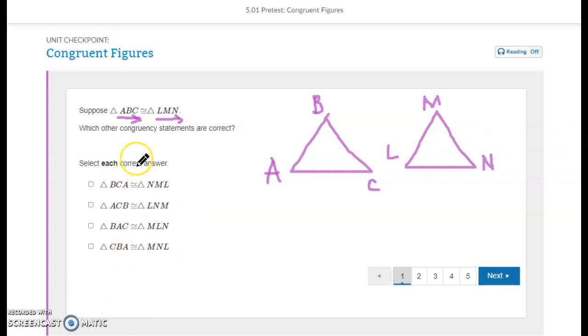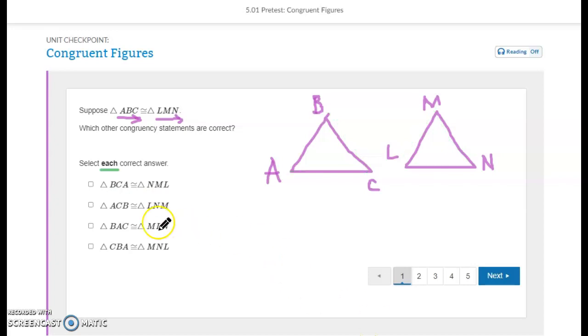Since it says select each correct answer, there's probably more than one that's true. So be careful with the ones that aren't multiple choice; they're select all. So BCA, B to C to A, is congruent to NML. Notice how the order of this one does not match up with the order previously, so that one's not going to be one of our correct answers.